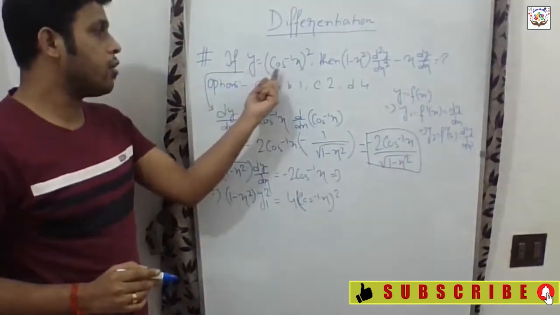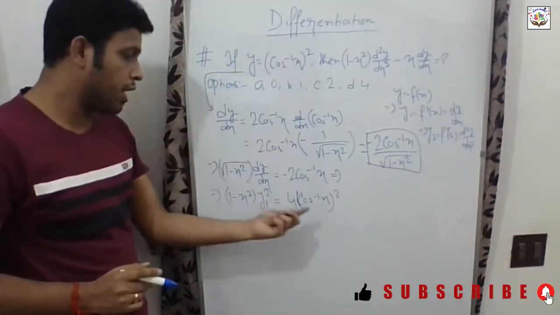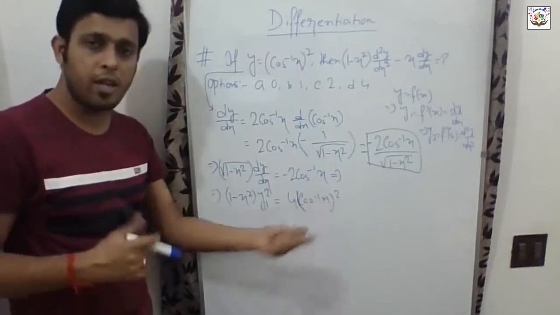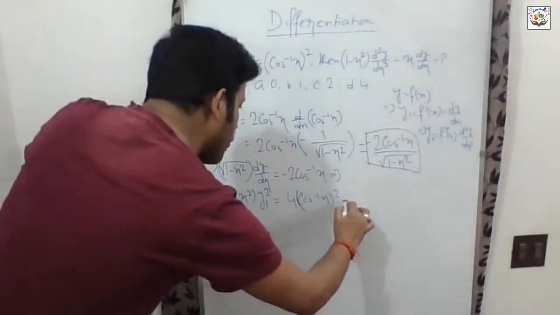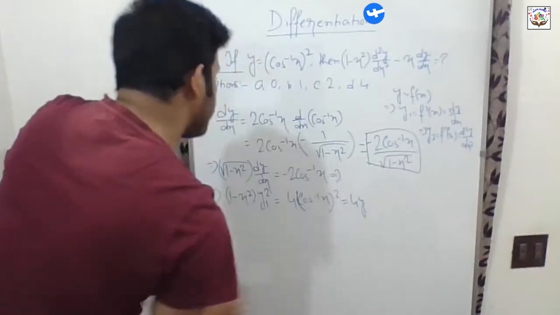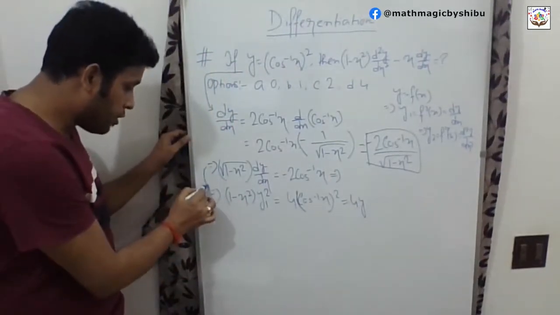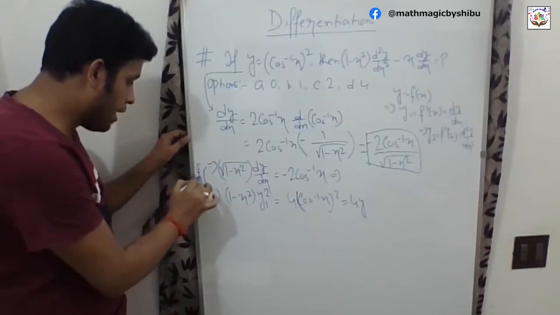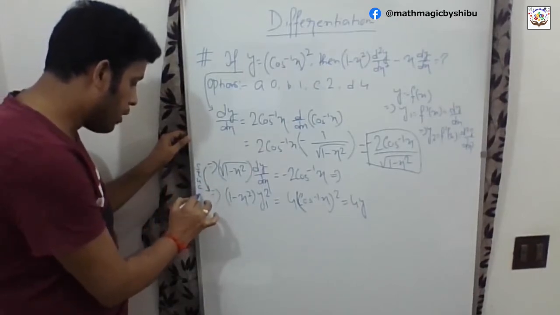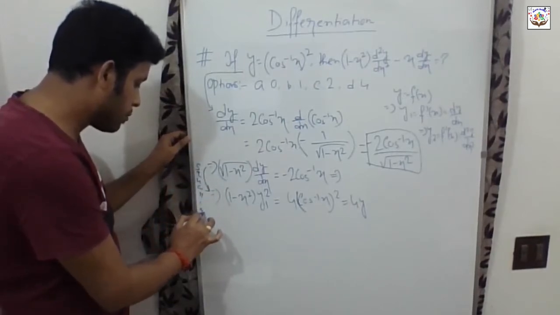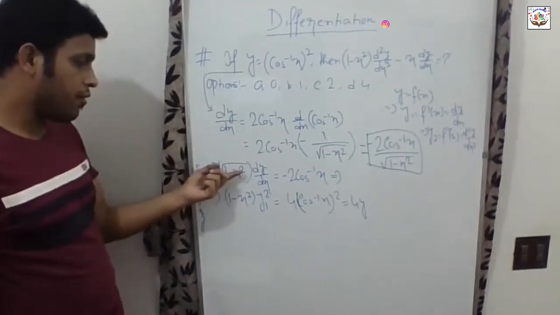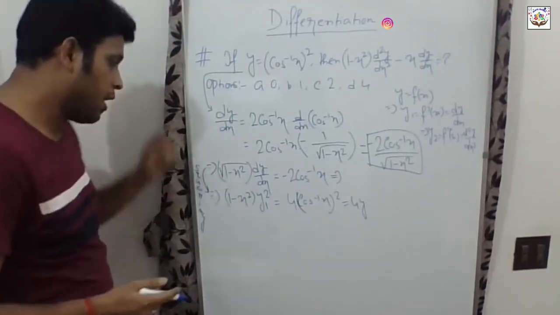And we know y equals to cos inverse x whole square, so we can easily replace cos inverse x whole square with y. So it will be 4y. Remember, from this line to this line we are squaring.